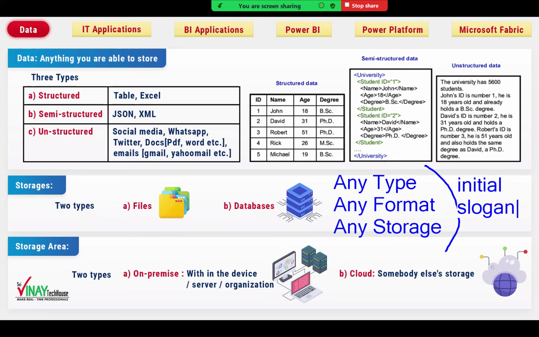If you look 4 years back, Power BI, in maximum places, you find any type of data it can handle, any storage it can handle, any formatted data it can handle. This is the first initial slogan which brought leadership to Power BI. People identified Power BI with this only. Questions on this place?